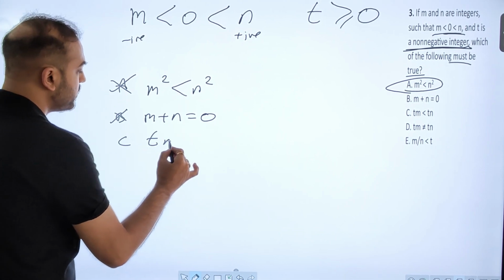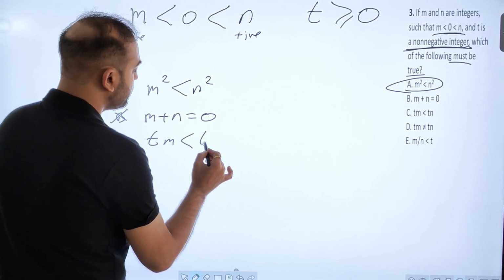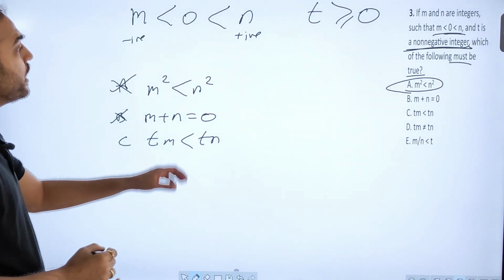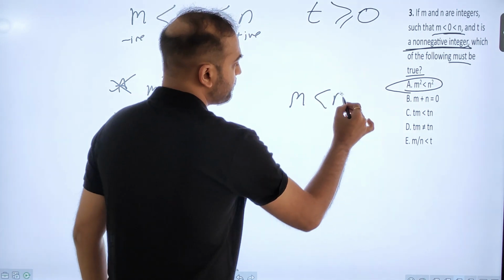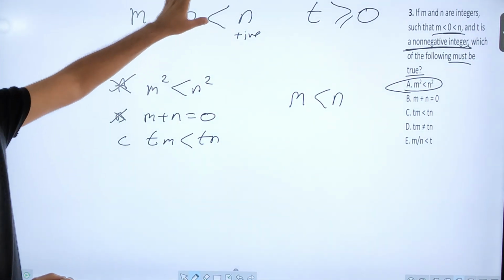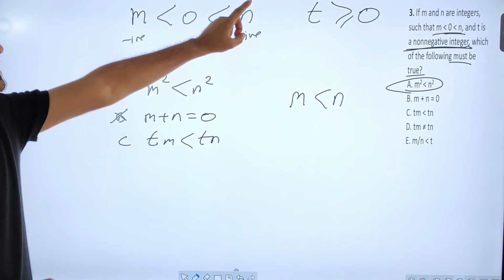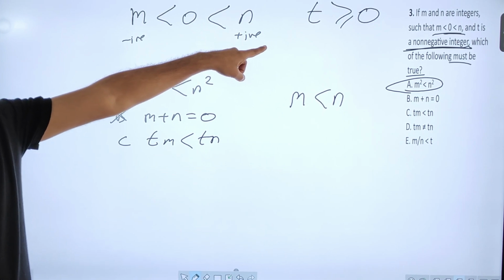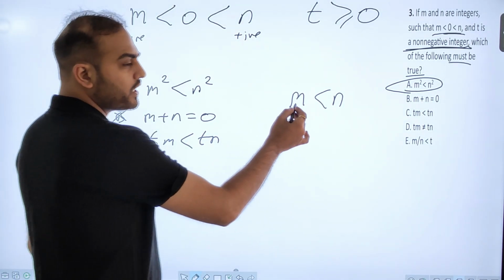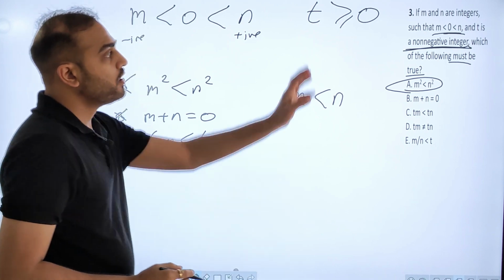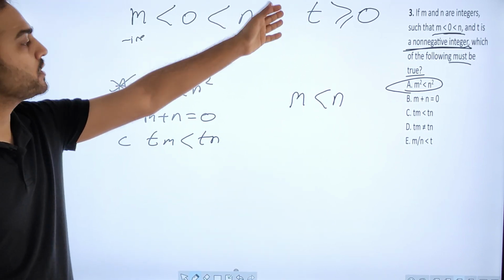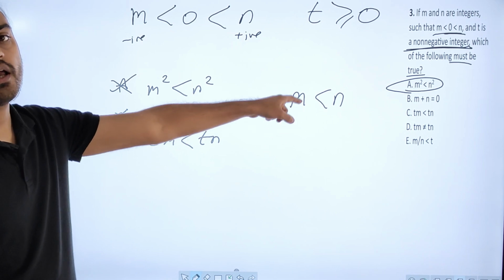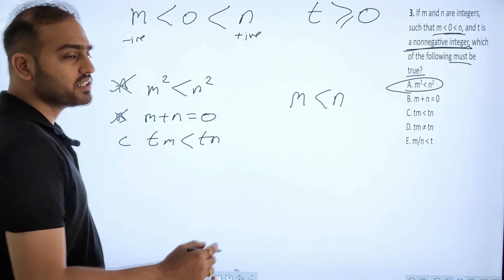We have Tm less than Tn. Okay, interesting. See, we know m is less than n, because m is negative, n is positive. But t is greater than or equal to 0. So when I multiply t on both sides, because t is a non-negative term, the sign does not change. If it is equal to, it remains equal to.